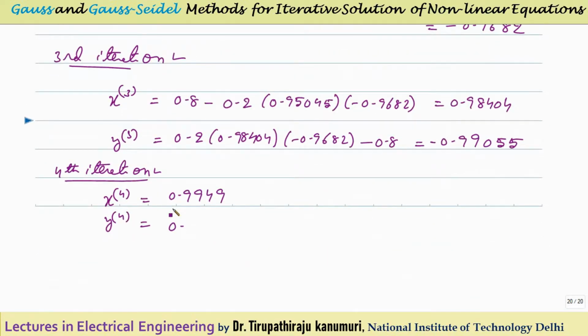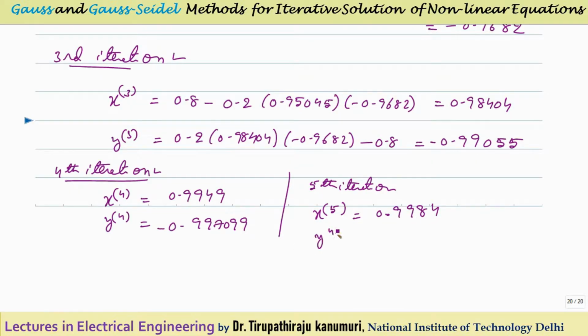So this will be minus 0.997099, this is after the fourth iteration. Similarly, if you go for the fifth iteration, after the fifth iteration you will get the value of x of 5, this will be 0.9984, and y after the fifth iteration will be equal to minus 0.99910. So in this way it will go.